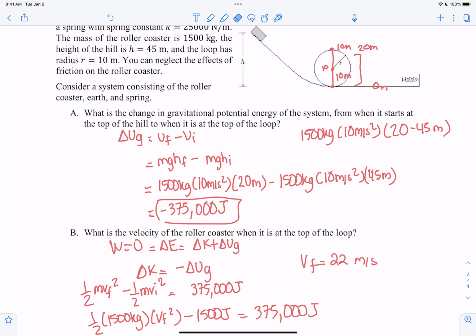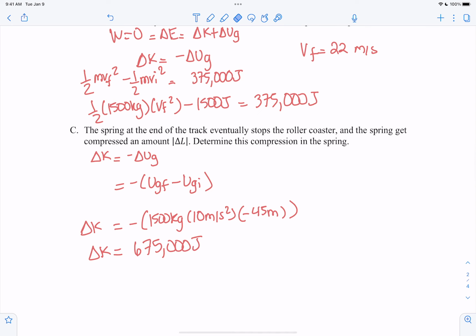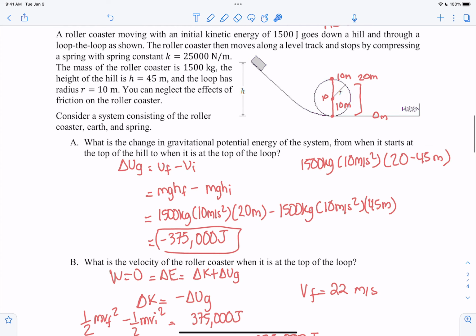The idea here now is that all of that kinetic is going to go to spring, right? Because then the spring will get compressed a certain amount based on the amount of kinetic energy that was there. So if I go at 675,000 joules, we're assuming that this is frictionless, no energy is lost to anything else.